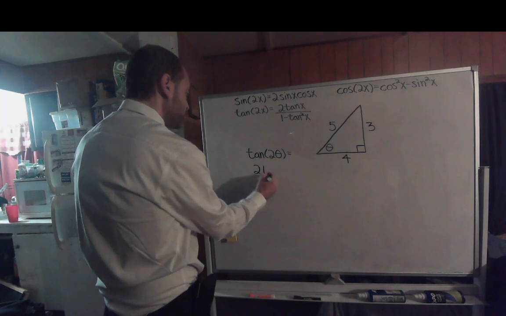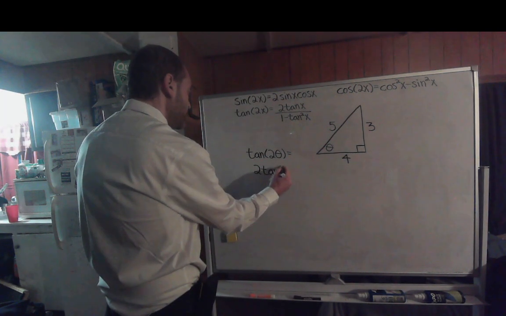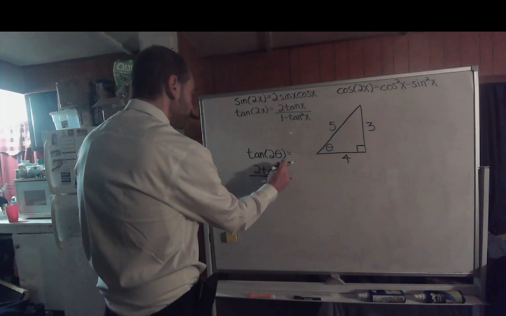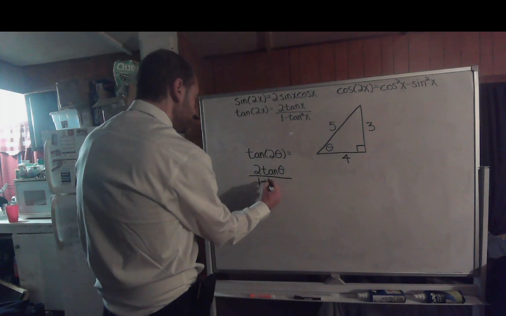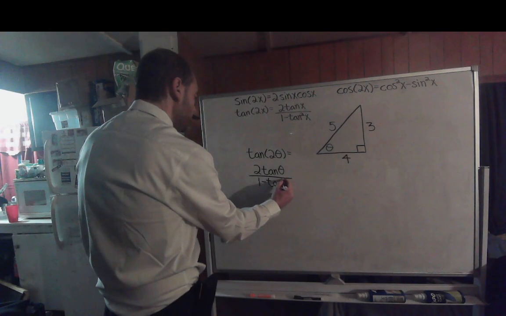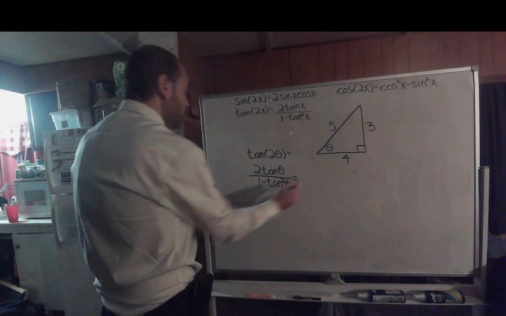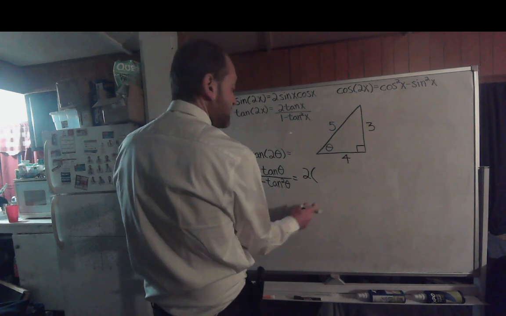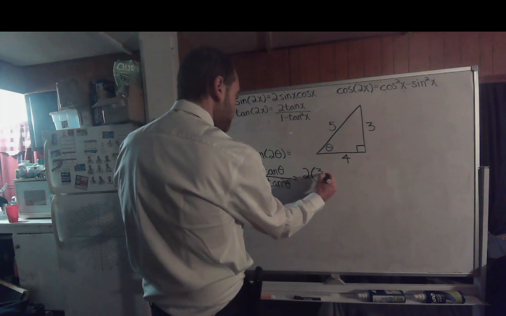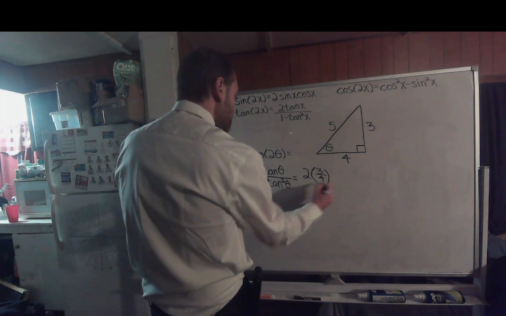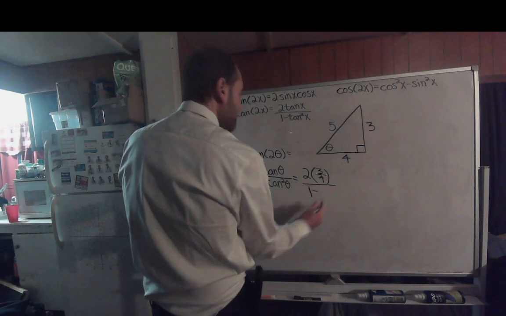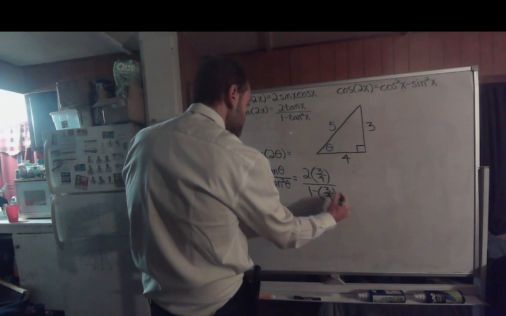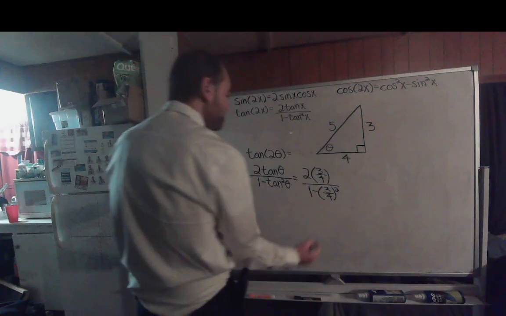That's going to equal 2 times the tangent of theta all over 1 minus the tangent squared of theta. Alright, so let's plug in the values here. So 2 times what is the tangent of theta? That would be 3/4, all over 1 minus that tangent of theta, 3/4, to the second power this time.